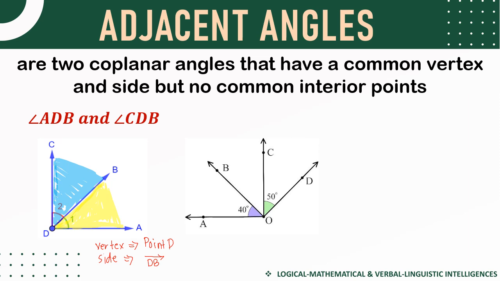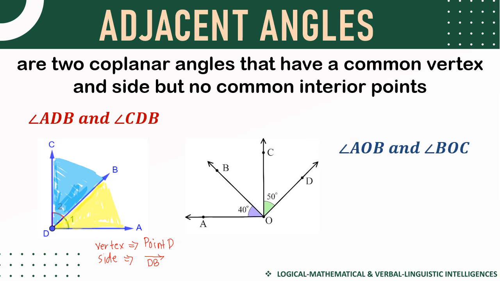As you can see, there's no overlapping portion for angle 1 and angle 2. That means there are no common interior points apart from the common side. So this is an example of adjacent angles.